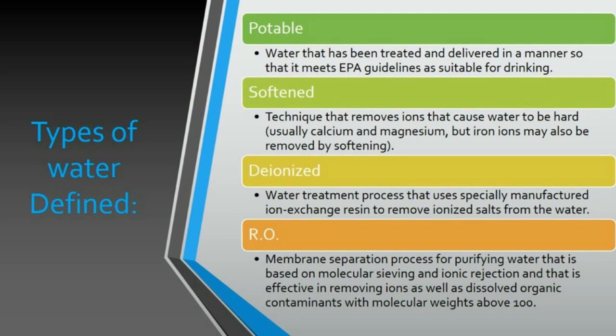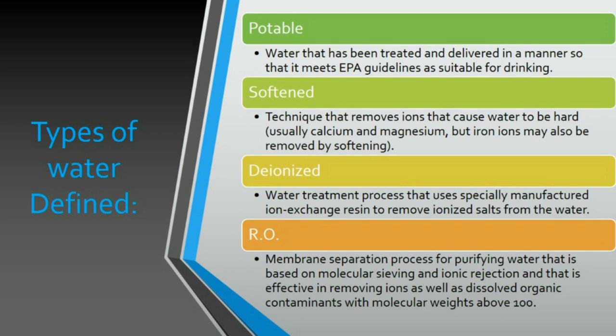And now we're into actually critical water. Our DI and RO water is considered critical water. Deionized water is treated by processes that use specifically manufactured ion exchange resin to remove ionized salts from the water.